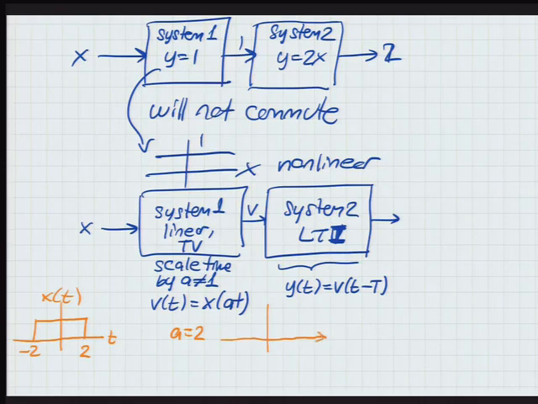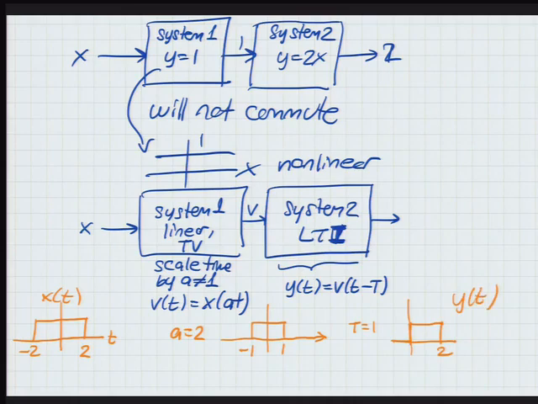So the pulse now starts at -1, 1, and that's it, right? And then let's take the delay here for system 2 to be just 1. Alright, so what I get at the output is a pulse that starts at time 0, ends at time 2. Okay, so this is my output.